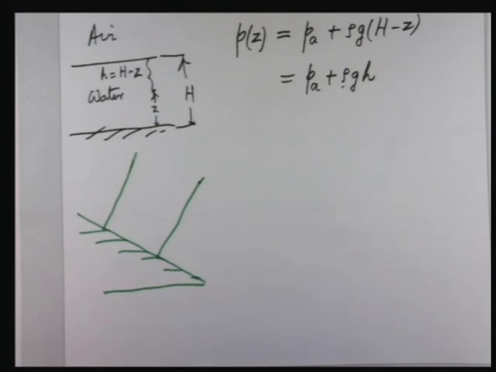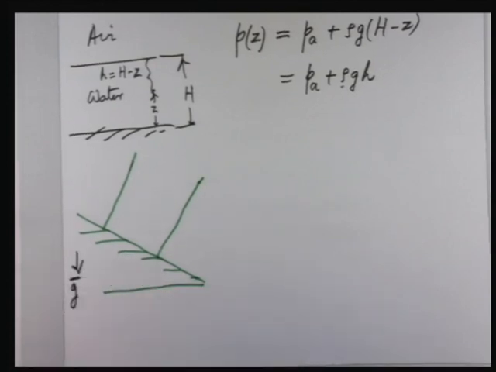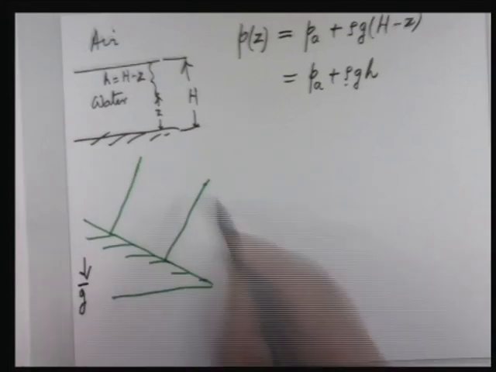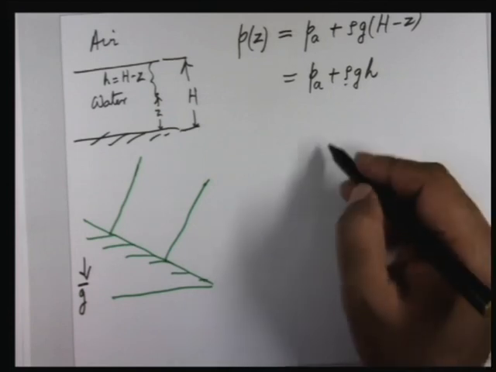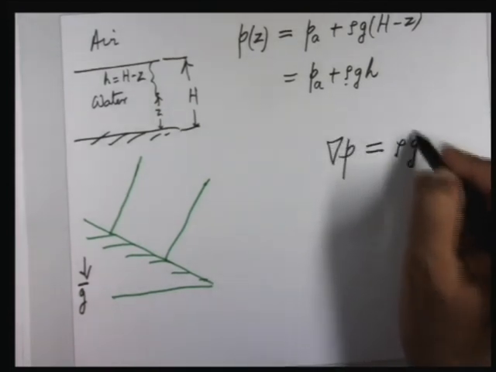If I say that this is my direction of gravity, okay. Now how will the water level look like in this tank? It will be horizontal because grad P is rho g.